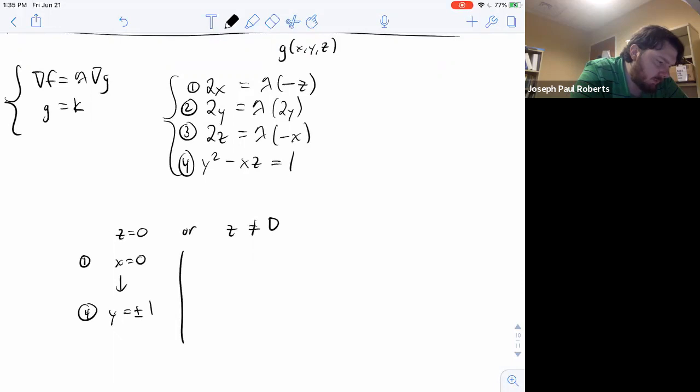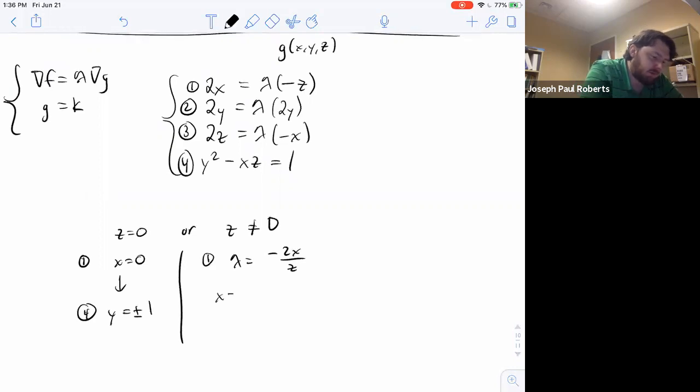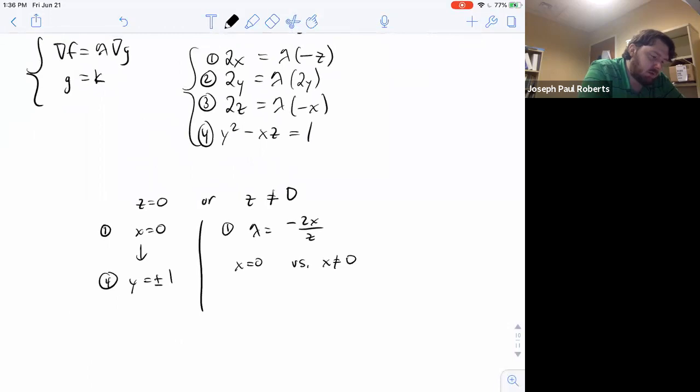So what's the other possibility? If z is not 0, then equation 1 tells you that lambda has to be minus 2x over z. Similarly, if x is 0, equation 3 tells you that z is 0, and then we're left with the same thing, y is plus or minus 1.